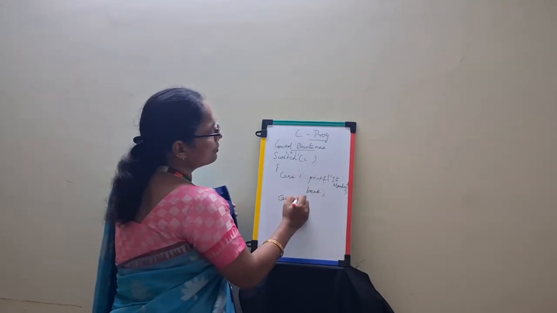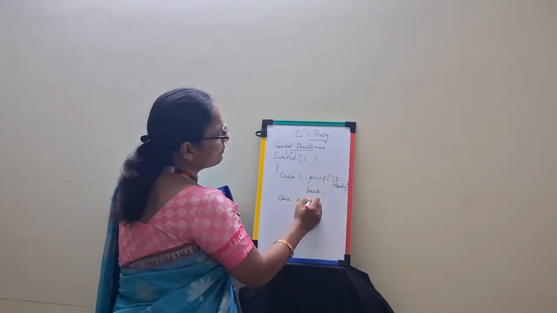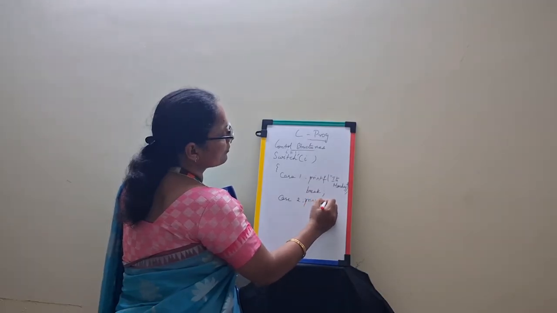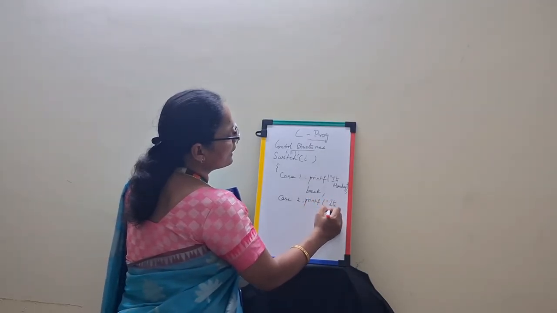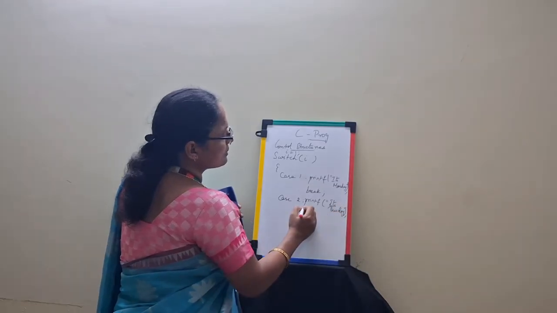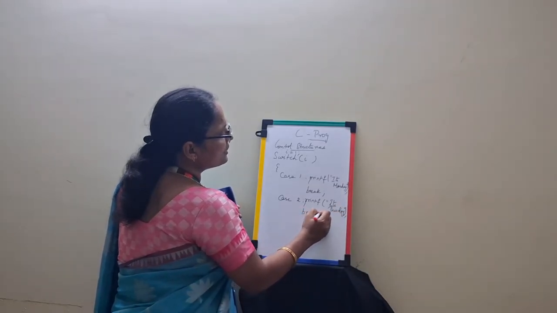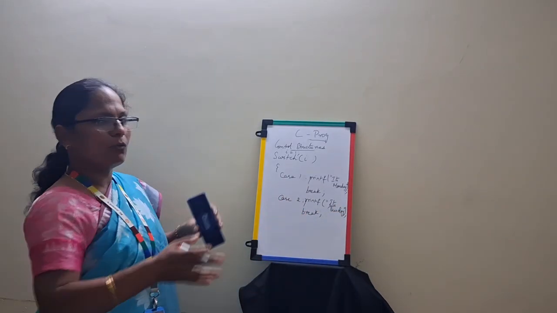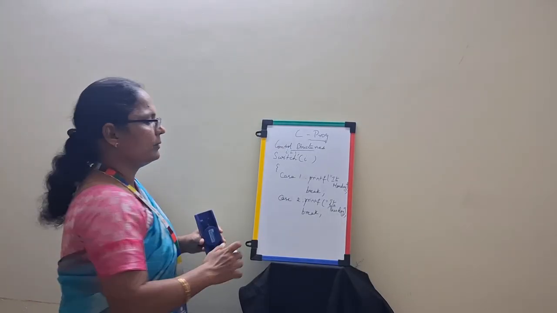Again case 2, printf, it's Tuesday. Like this I can give n number of cases, and give break. So whichever option I want, I'll jump over to it and then it will stop.